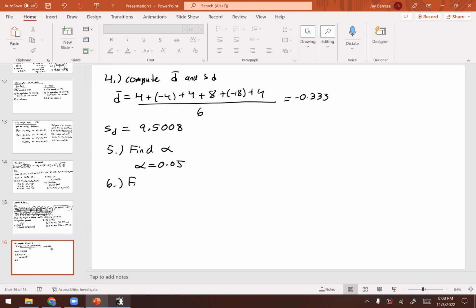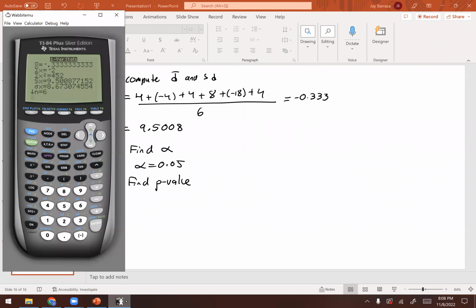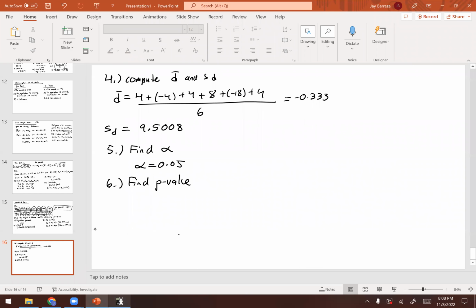Step 6, find p-value. So remember, you got to use the t-test. So stat, test, t-test, and then mu naught is equal to mu d, x bar is equal to d bar, and sx is equal to sd. You just have to remember that. And n is equal to the number of pairs. I cannot stress this enough. Do not put the total number. It wouldn't be 12, it would be 6.